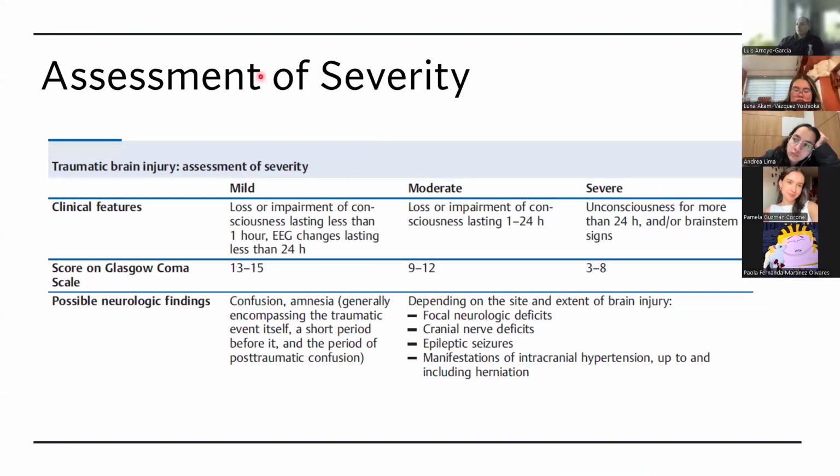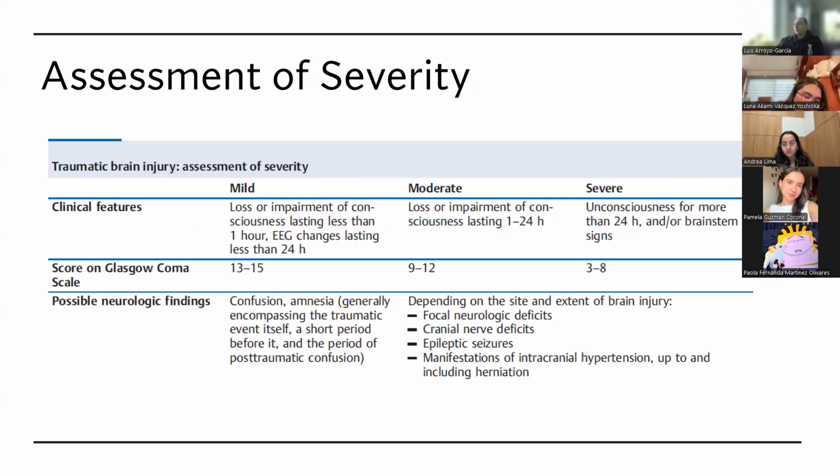So the assessment of severity, based on the Glasgow Coma Scale I told you about: mild is loss or impairment of consciousness lasting less than 1 hour. Moderate is loss or impairment of consciousness lasting 1 to 24 hours.